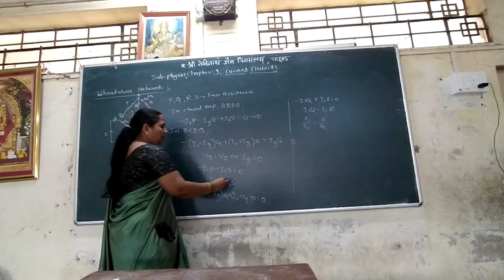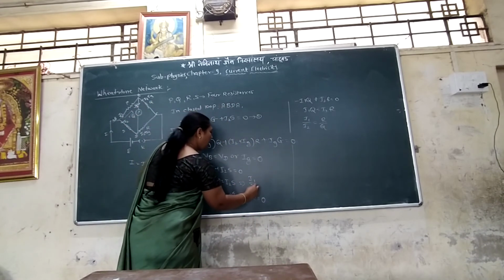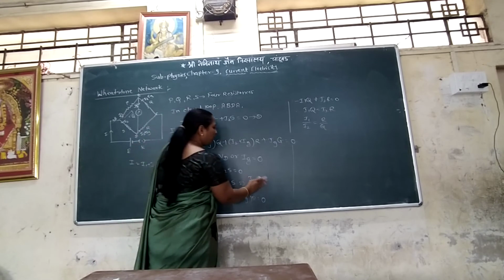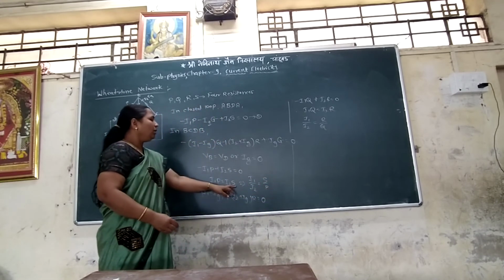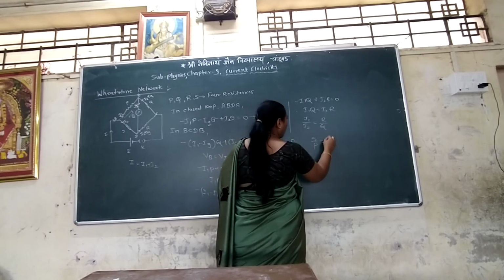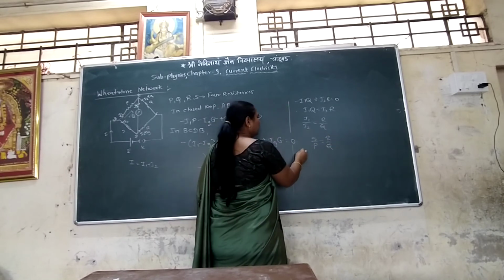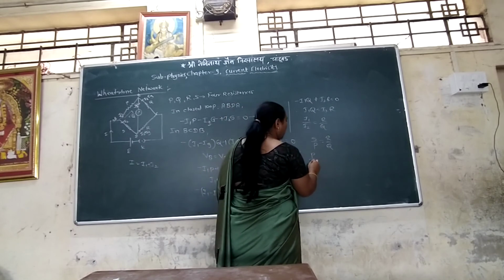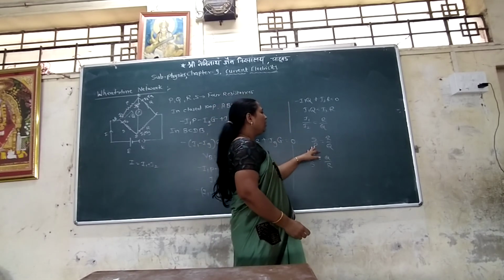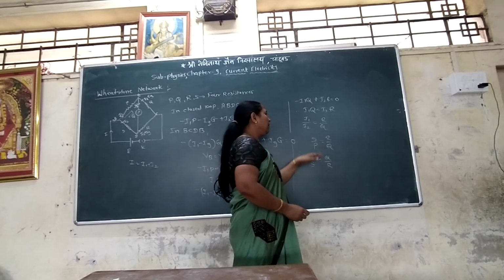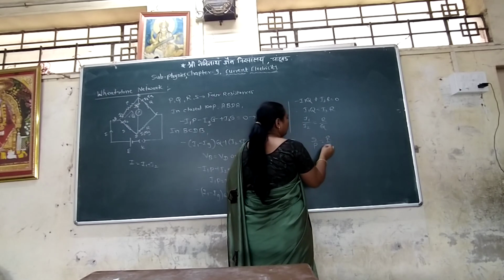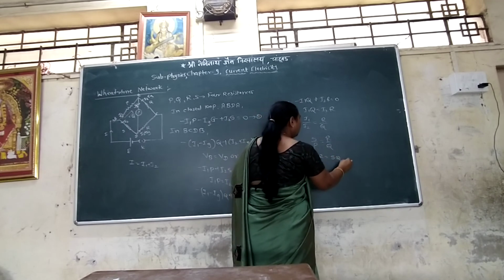From the first equation, I1 upon I2 is equal to S upon P. Therefore, S upon P is equal to R upon Q, meaning P upon S is equal to Q upon R. Transferring the terms, PR is equal to SQ.